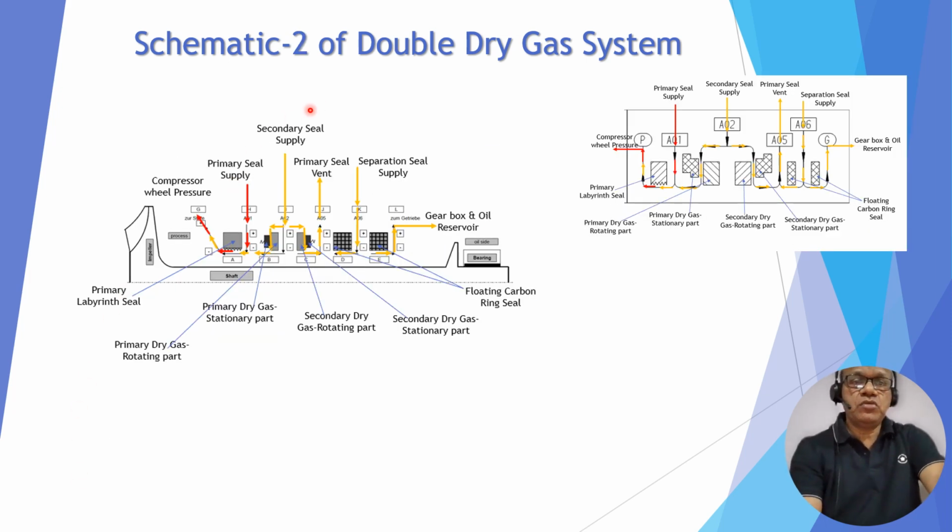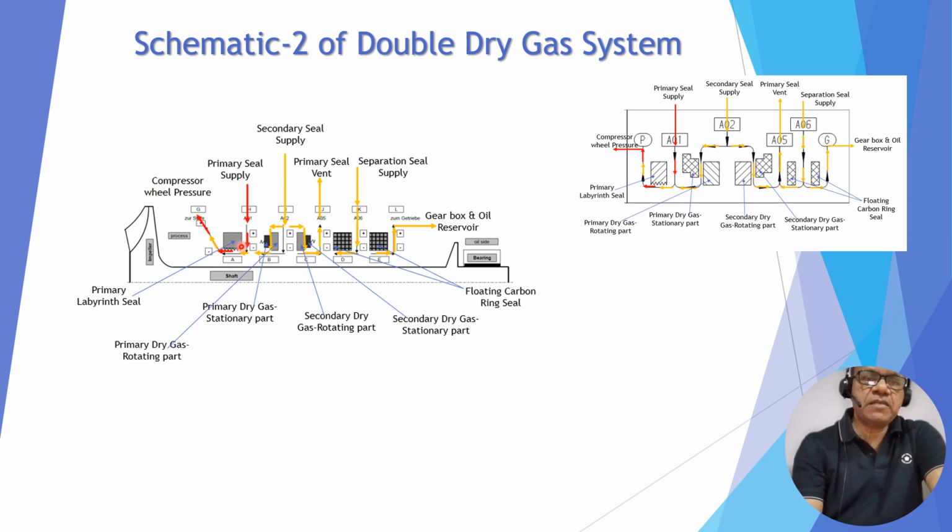Now schematic 2 of the double dry gas seal system. Same way, this is the primary labyrinth seal, then the primary dry gas seal rotating component, and the primary dry gas seal stationary component. Similarly, the secondary dry gas seal rotating component and the secondary dry gas seal stationary component. These two are the floating carbon rings. This side is the oil reservoir, and this is the process side.